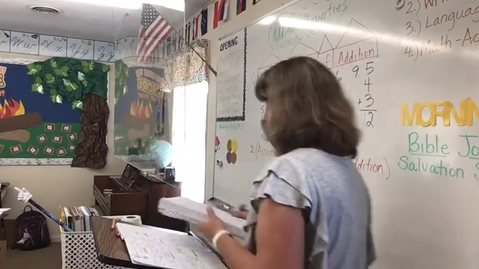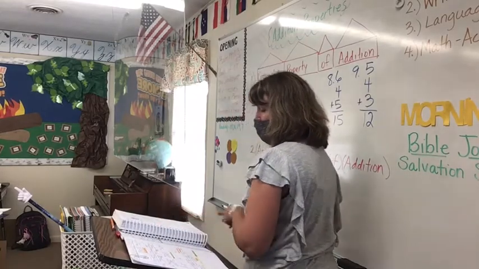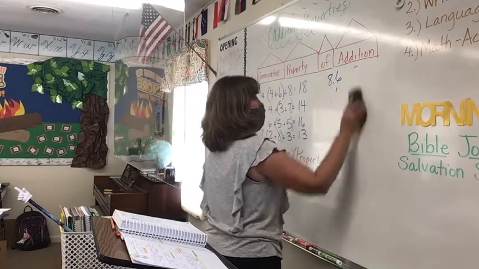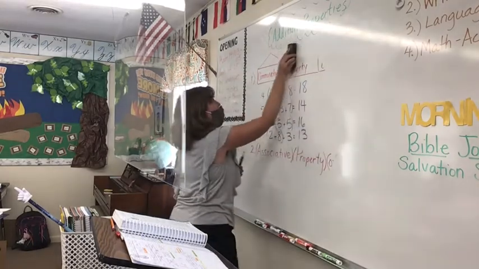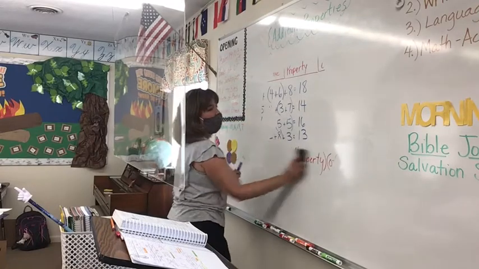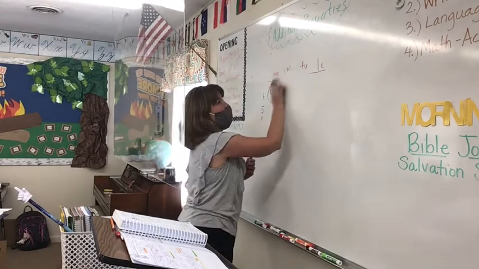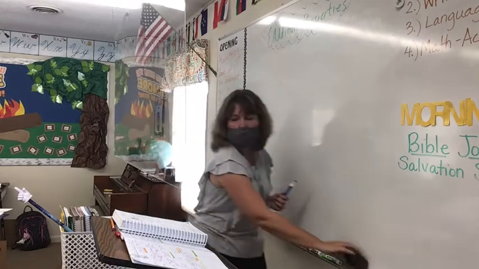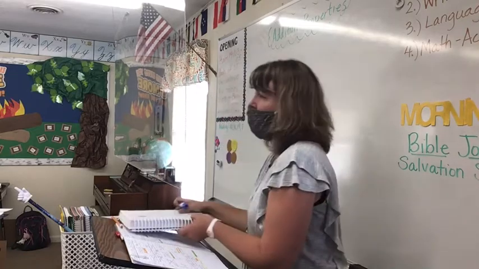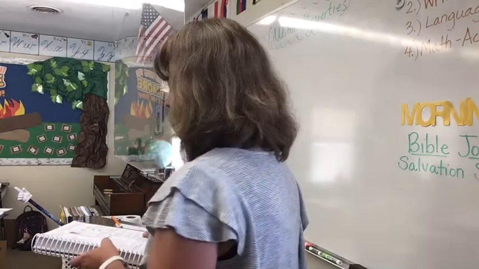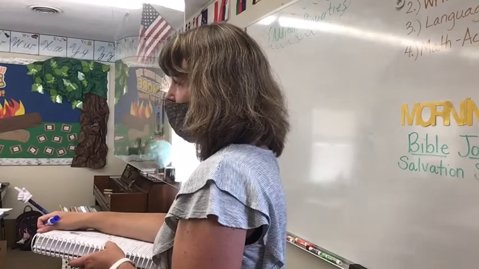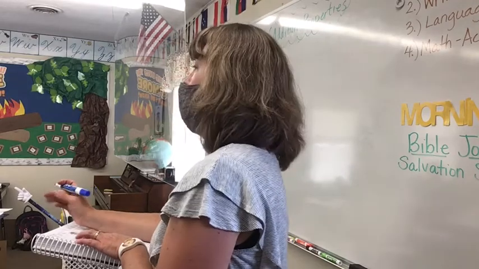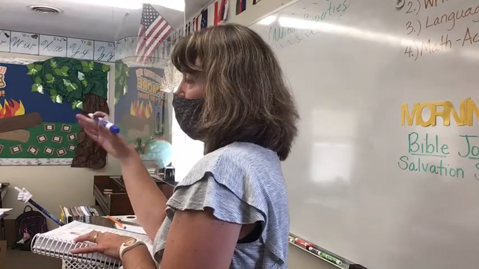For number 12, what other digit can we put in that blank so that they would all work together in a problem? Well, you could do that, but we don't really learn that. So what other digit can we put in there so that when we do an addition and subtraction sentence, it would work?